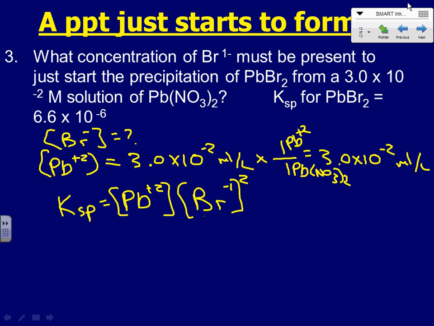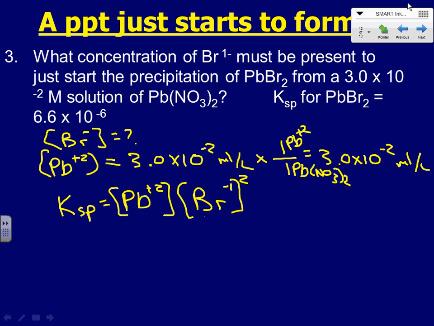What I'm doing in this equation is pulling the leads out of the lead nitrate solution. And this 2 really has nothing to do with my lead concentration, because the lead is originating from the lead nitrate that's in the solution. This 2 really only tells us that it's going to be squared when it falls apart.